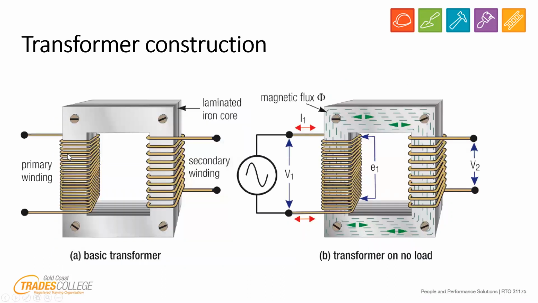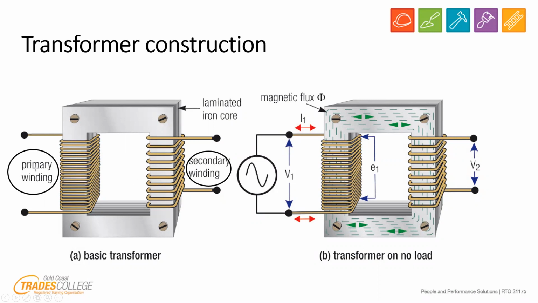So what do we have? We have our primary winding on one side, and a secondary winding on the other side. These are two separate transformers, so don't take both of them into account. We're just looking at one of them for now.